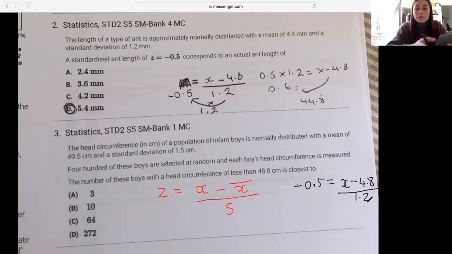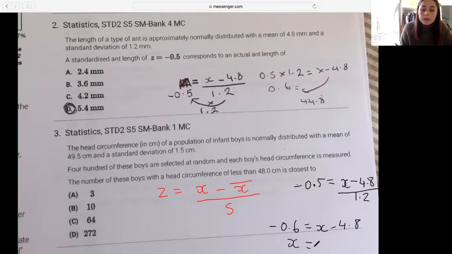So negative 0.5 times 1.2 equals negative 0.6. And then plus 4.8. I got 4.2.